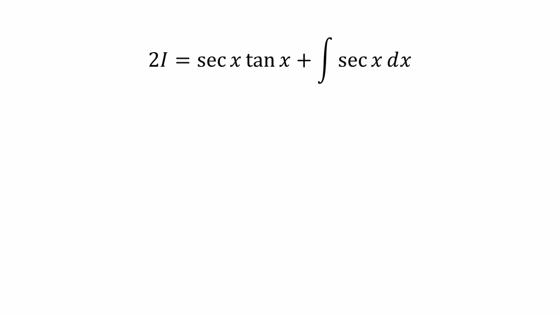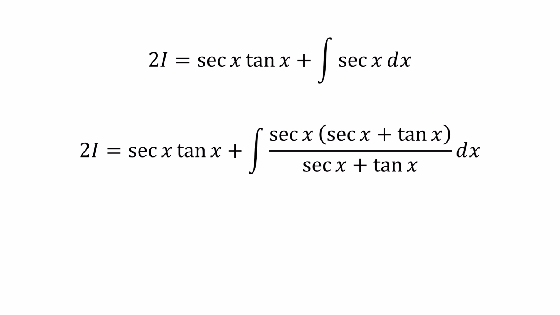multiplying the numerator and denominator of the integrand by secant of x plus tangent of x then gives 2I equals secant of x tangent of x plus the integral of secant of x times secant of x plus tangent of x over secant of x plus tangent of x dx.